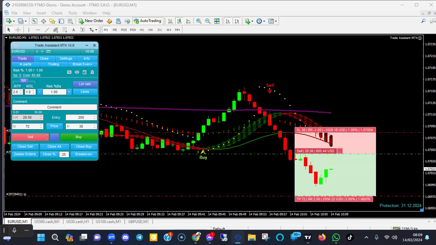And at the minute, indeed, price is milling around that area of interest that I said, the 1.07000 area. So we've had a bit of retracement now, and it might even retrace to these areas here where there's imbalance.